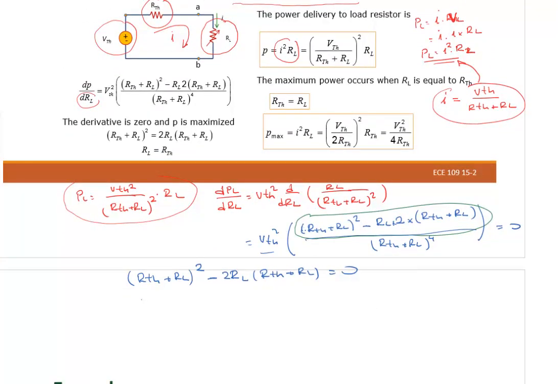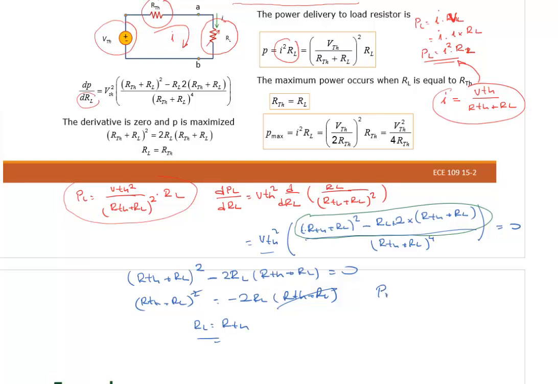From here, (RTH plus RL) squared equals 2RL times (RTH plus RL). So this cancels this one here, and you will see that RL will be equal to RTH. What does that mean? If the load resistance value is equal to the equivalent RTH value, we can have maximum power transfer.